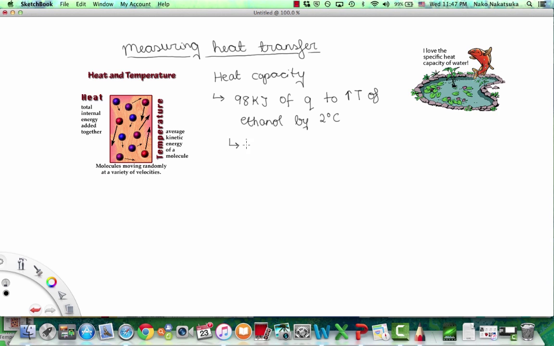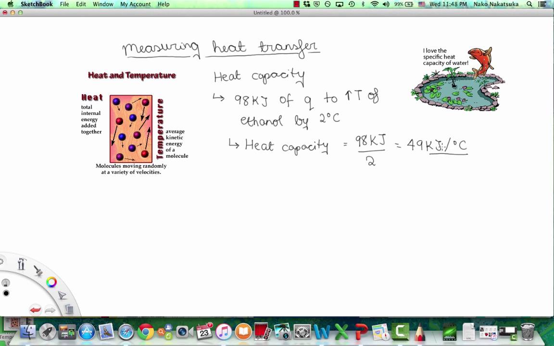This means that the heat capacity for ethanol is going to be 98 kilojoules divided by 2, right? Because you want to know what it is to raise the temperature by 1 degree. And we end up with 49 kilojoules per degree Celsius. And this is the unit for heat capacity.